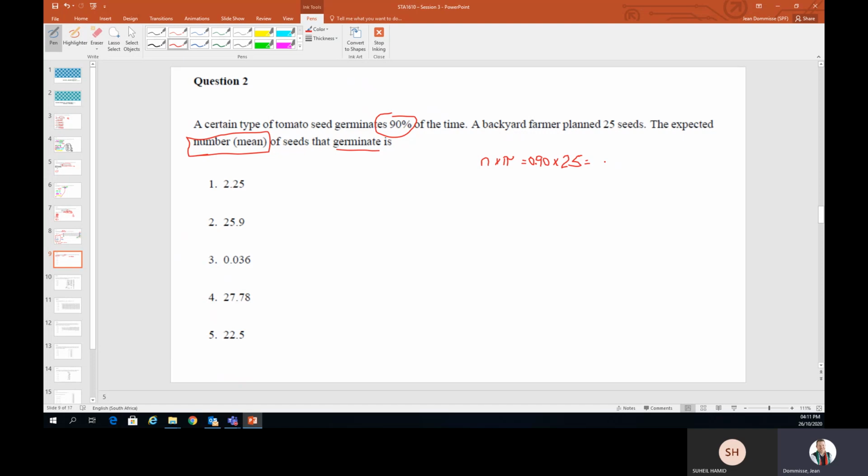So I would just say it is 0.90 times the 25, which will give me 22.5. Which will give me option 5, which is 22.5.